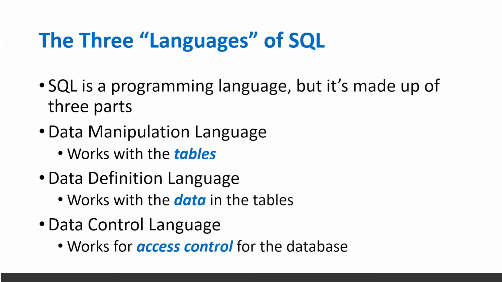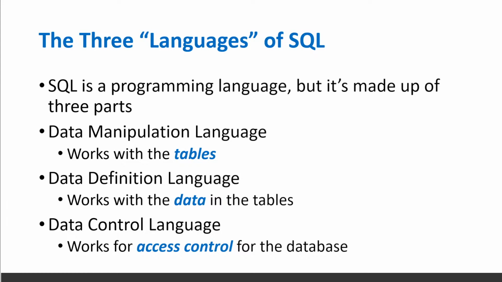But when we're looking at the different types of languages within SQL, we have our DML, which is our data manipulation language, our DDL, which is our data definition language, and our DCL, which is our data control language. When we think about our data manipulation language, this is the part of the language that works with the tables.